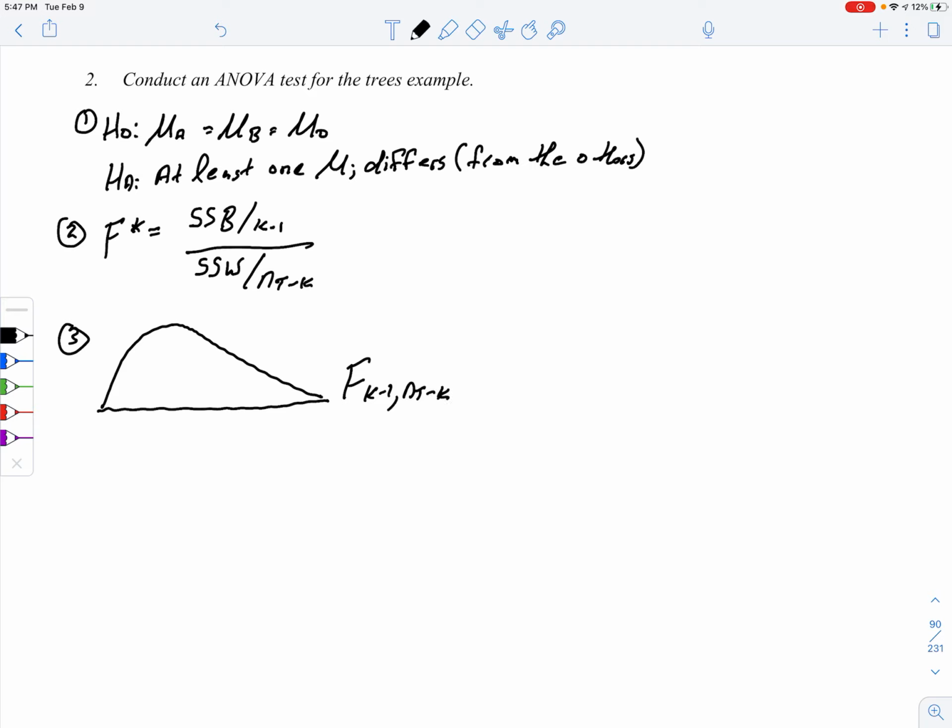So in our particular case then, k minus 1 is 3 minus 1. So 3 provinces minus 1 gives you 2. Nt minus k is that there's 12 numbers in total. Minus 3 for the k gives you 9.